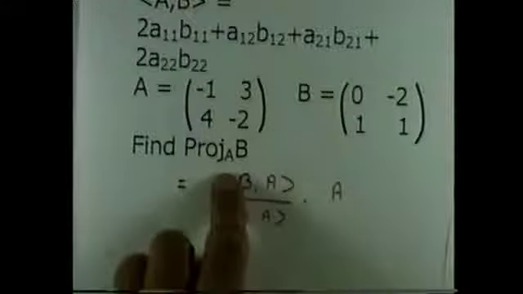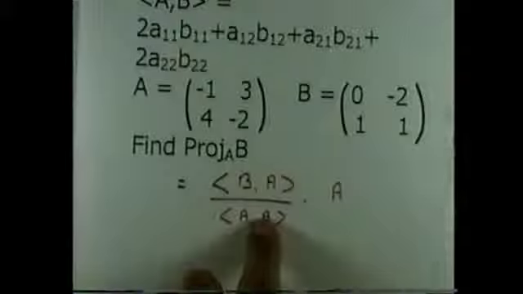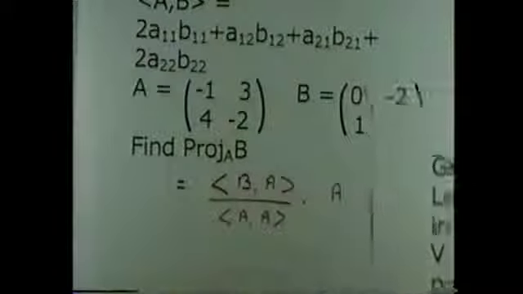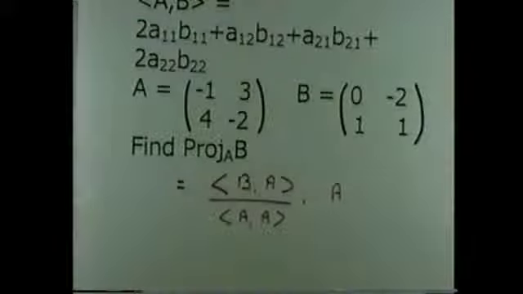I'm projecting onto A, so A is going to be the denominator, A times A. And A is what I'm projecting it onto. So A is the one that gives the direction.